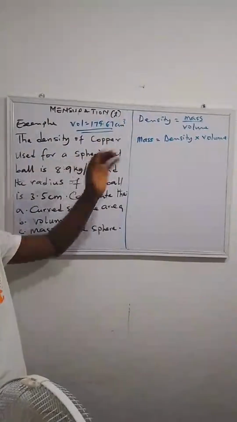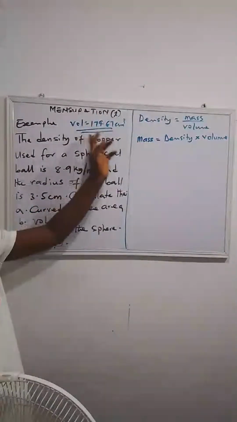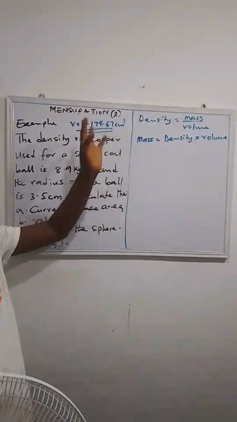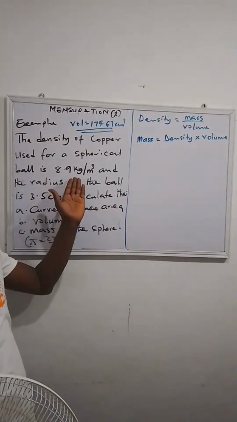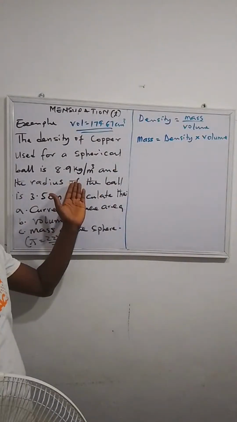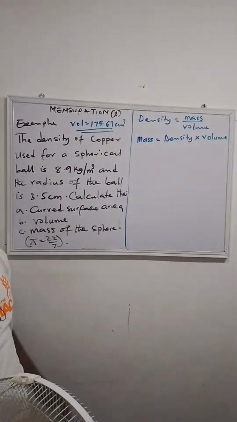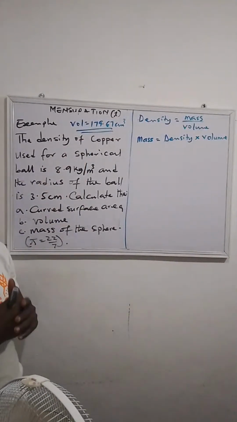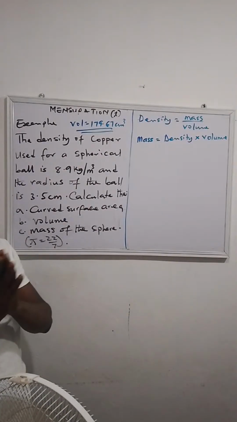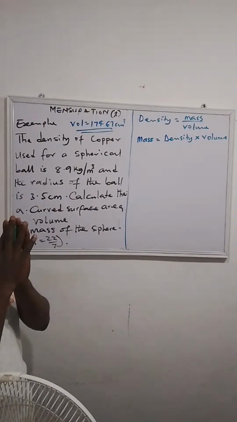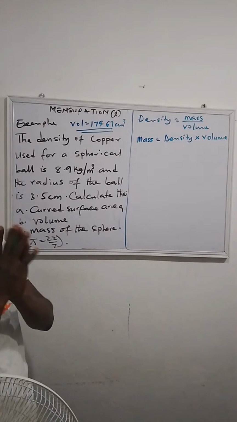So what I need to do here now is convert this volume in centimeter cube to meter cube, so there will be consistency in units. Alright? So now let us convert this. I begin to ask myself, how many centimeter cube make 1 meter cube?